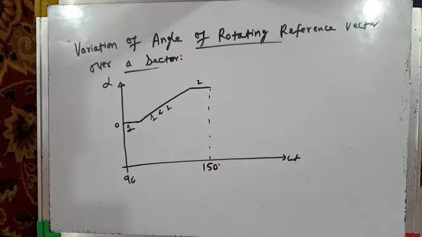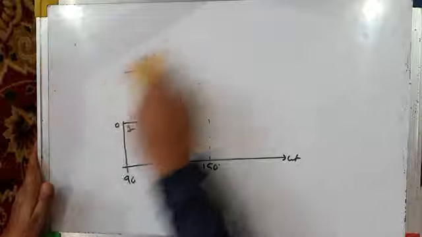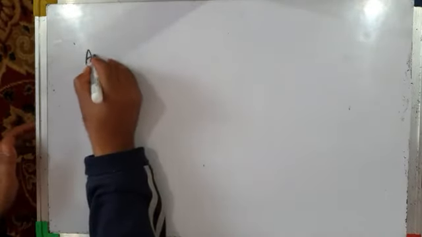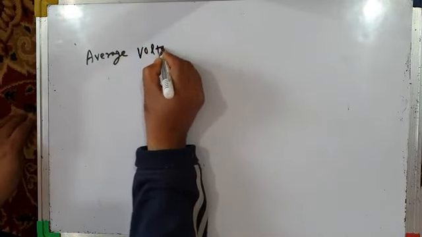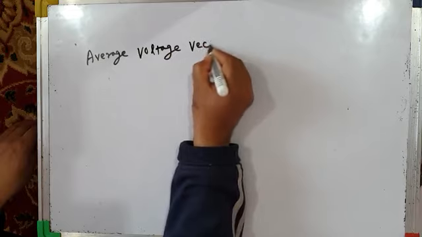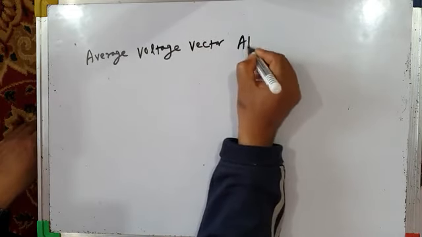So therefore the nature of average voltage vector applied across the load will be something like this.